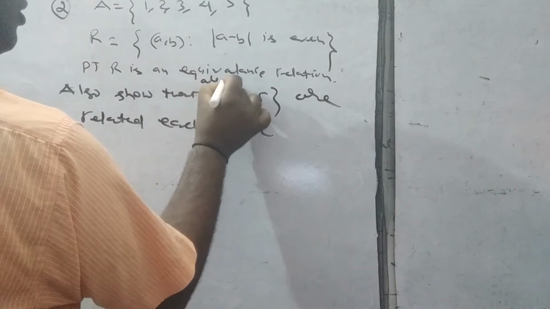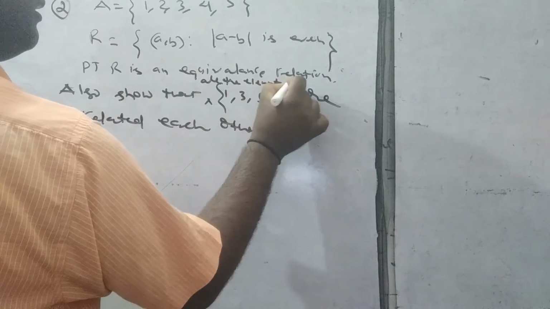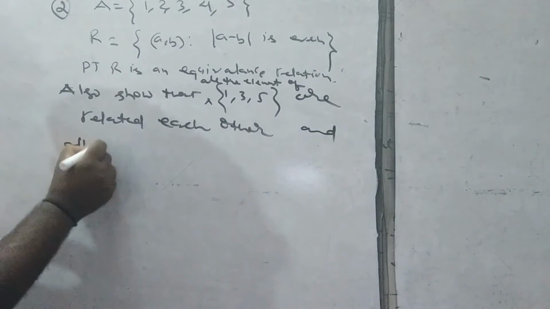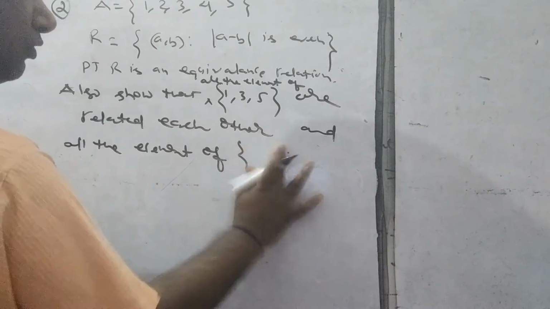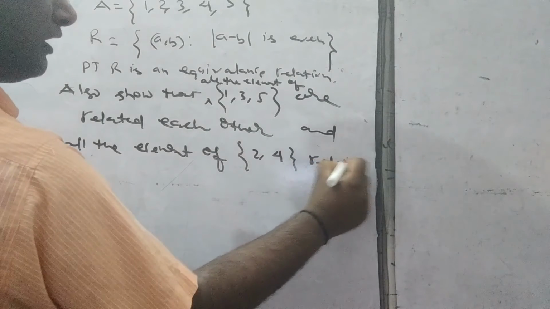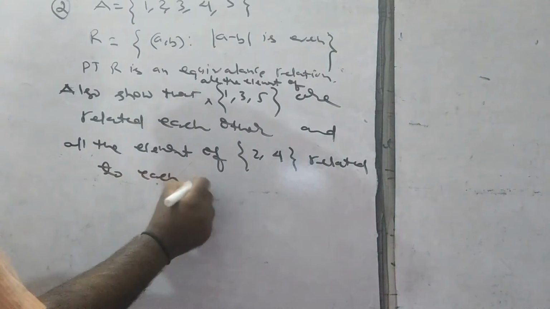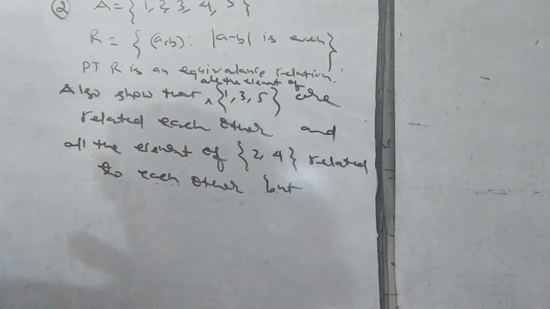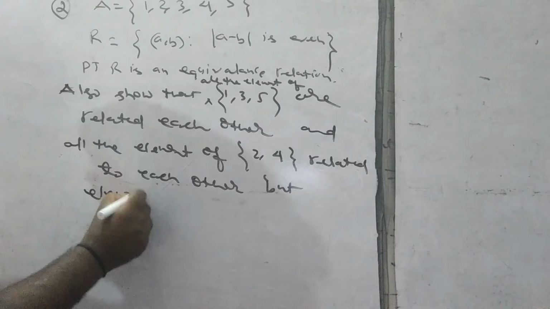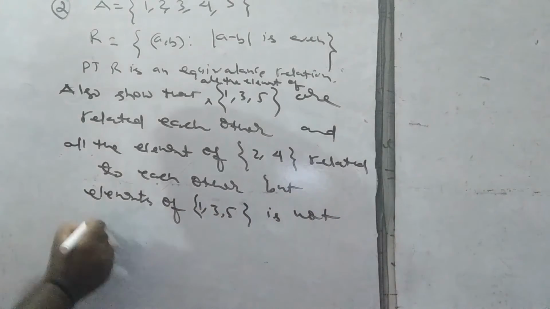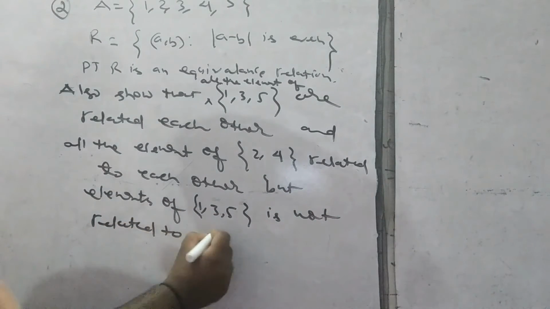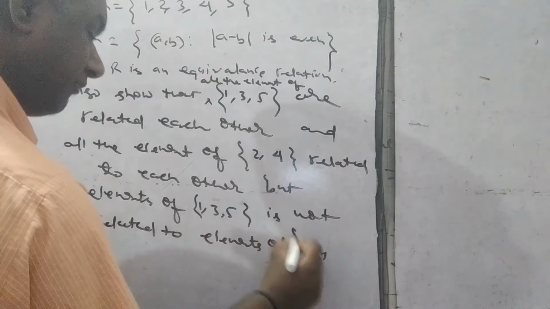Also, all the elements of 1, 3, 5 are related to each other, and all the elements of 2, 4 are related to each other, but one element of 1, 3, 5 is not related to elements of 2, 4.